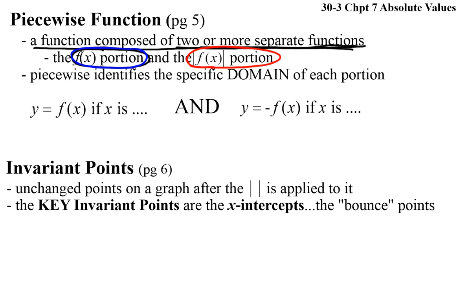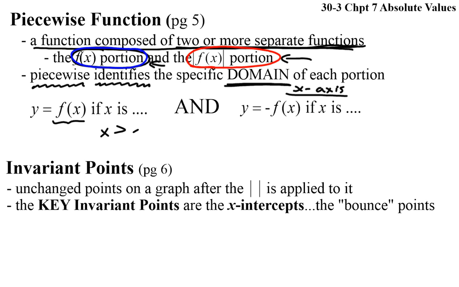So piecewise is saying we need to identify the domain. What part of the x-axis creates the 2 different portions? It'll look like y equals the function if x is greater than, less than something. What part of the x-axis gives us what I refer to as the normal part of the graph?